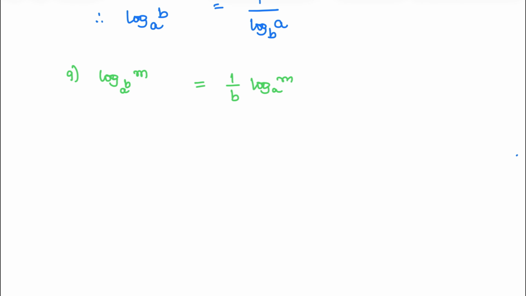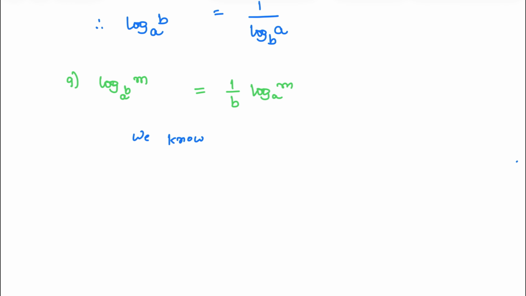Let's discuss the ninth formula: log m base a power of b equals 1 by b log m base a. We already know log b base a equals 1 by log a base b.